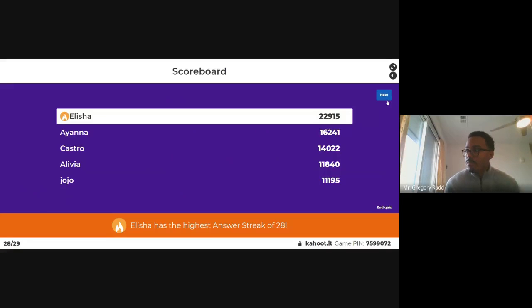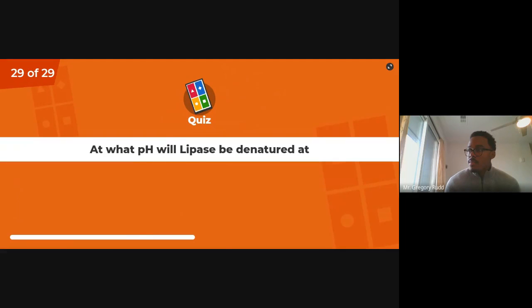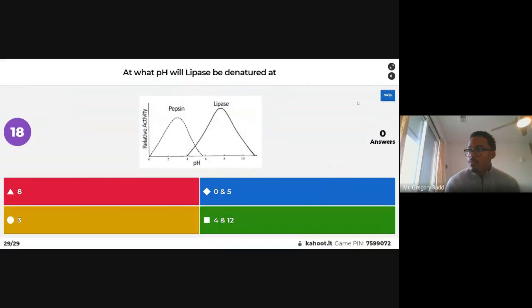Last question. At what pH will lipase denature?